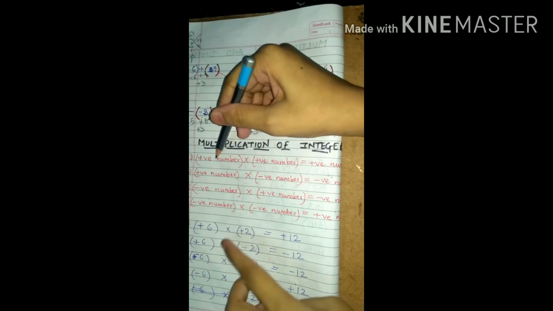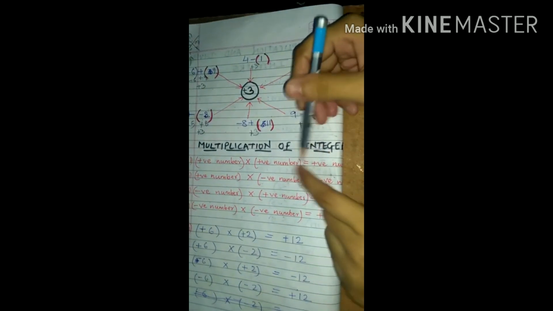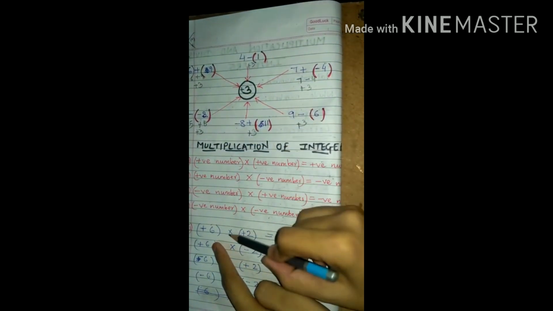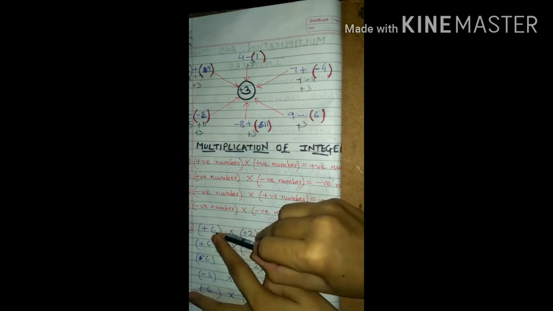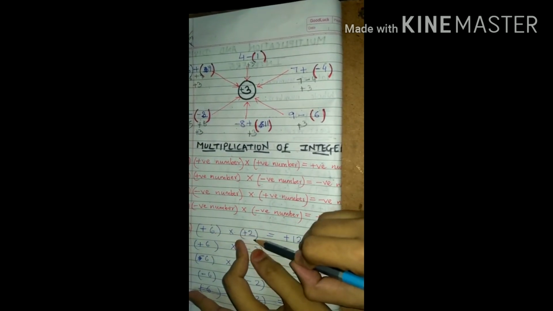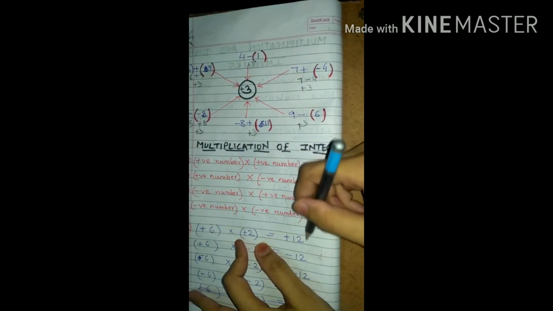Now this statement we will see in numbers. See, positive number into positive number, so the answer should be a positive number. Here is the first example, second example, third example, and fourth. Positive number I have taken 6, into positive number 2. So 6 into 2 is how much? 12.